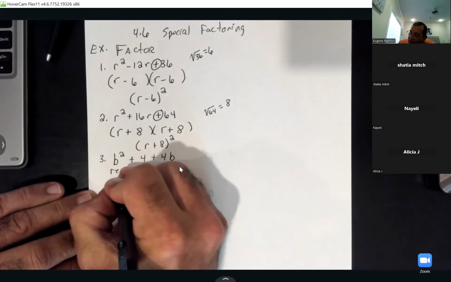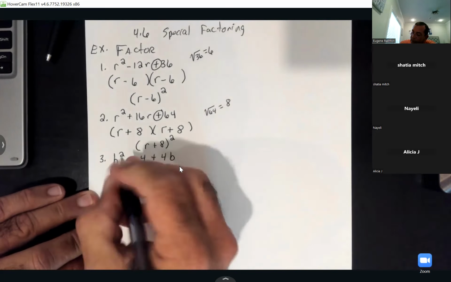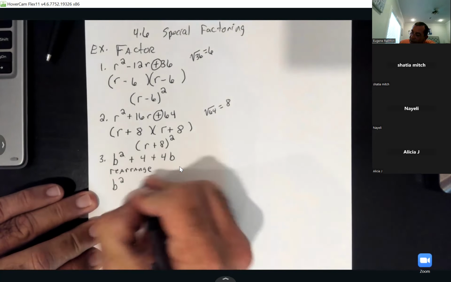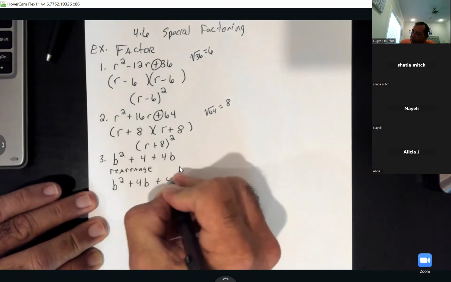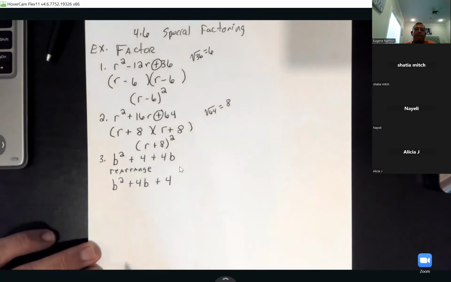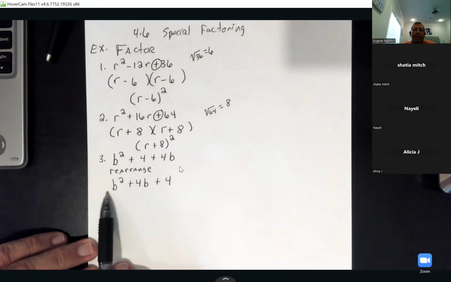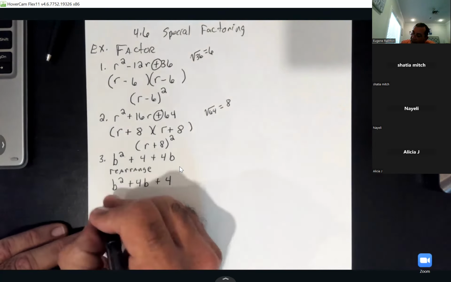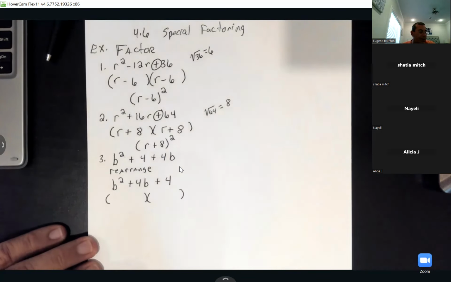So we're going to rearrange this one. Our b squared is first, then we'll bring down our 4b, and then our positive 4. Once again, you don't have a greatest common factor on this, so that means we can go right into our parentheses.